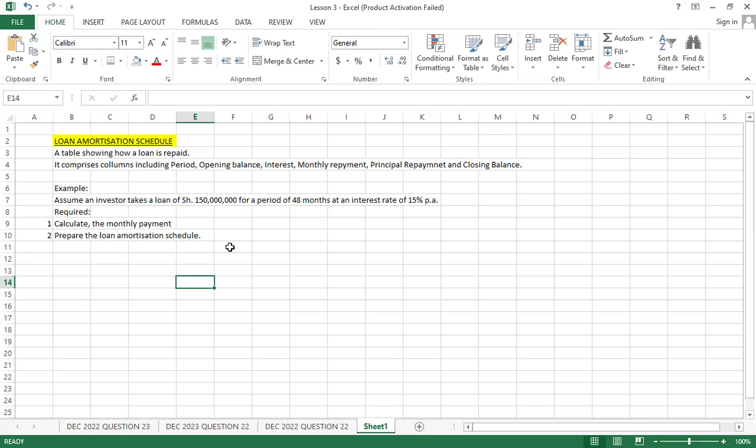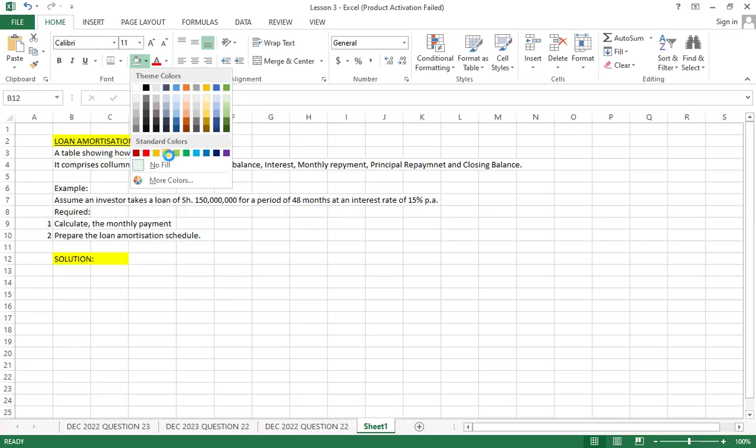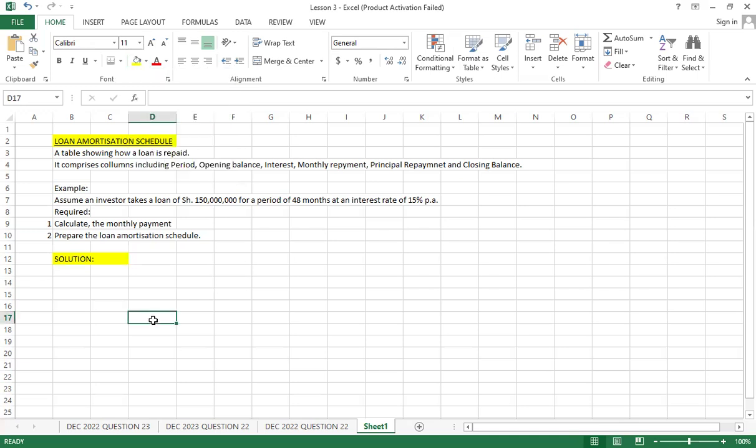Now, the first part of the question is that we calculate the monthly payment. Let's say that we have the solution down here. Before I compute number one and number two, allow me to summarize the information about the loan.